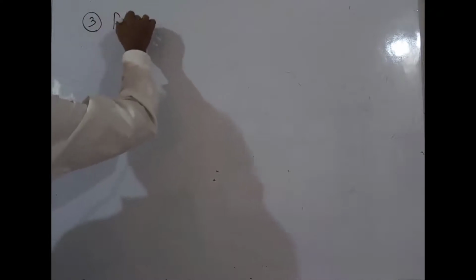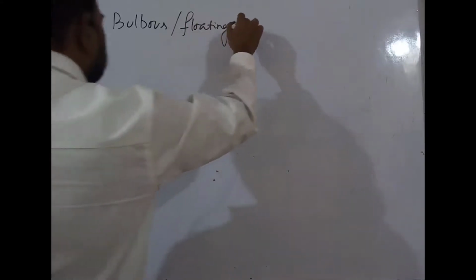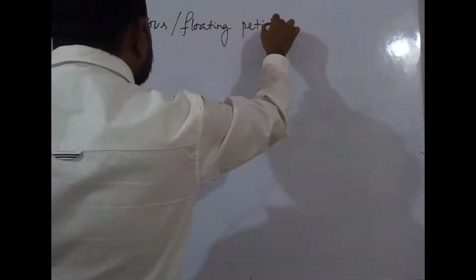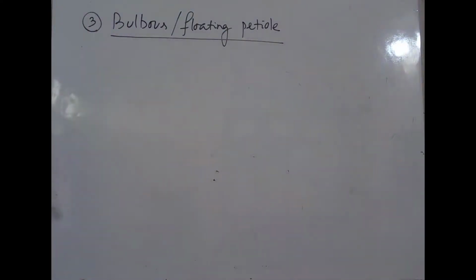Okay. So in the third modification, it is called bulbous petiole. Number 3, that is called bulbous or floating petiole. It is found in aquatic plants. Here the petiole becomes a bulb-like structure. It gives some floating.